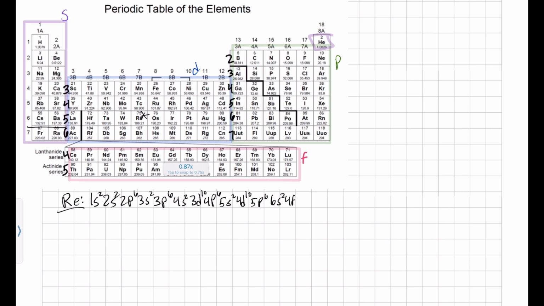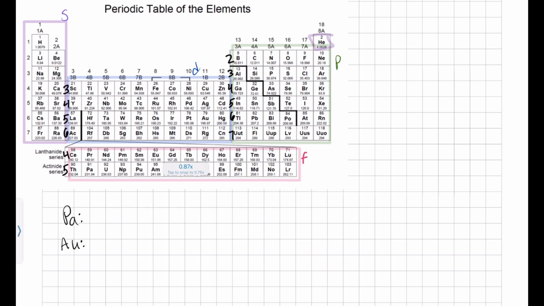And because here we want Re, we're going to write 4f14. So we're going to count through all those blocks from atom 58 to 71. So that's going to be 4f14. And then we come back up to the D block at 5d. And then we count 1, 2, 3, 4, 5. And this would be the electron configuration for Re.